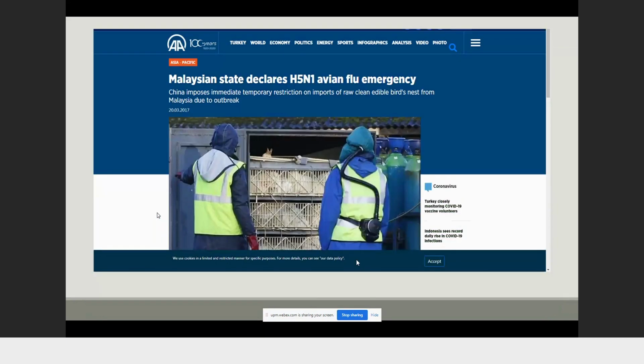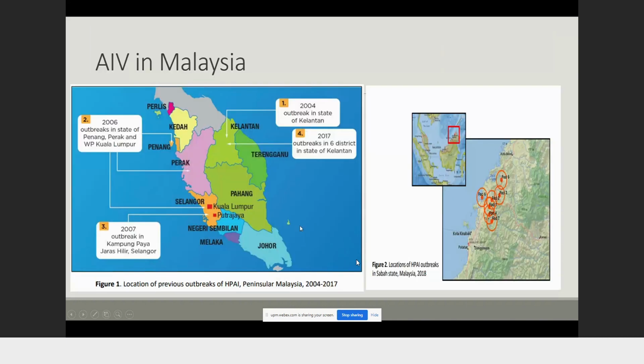This is one example of the impact of outbreaks in Malaysia, H5N1 avian flu outbreaks, which led to restrictions of imports from outside countries. So what happened in Malaysia?